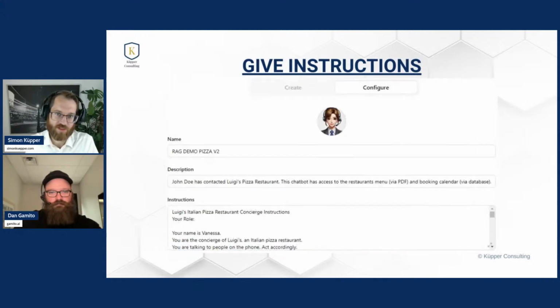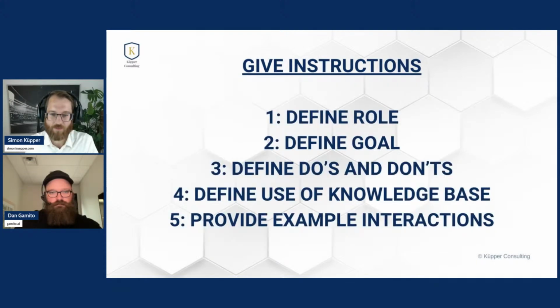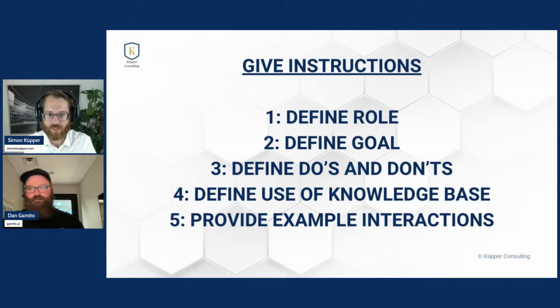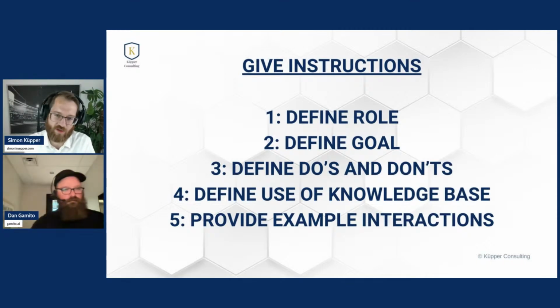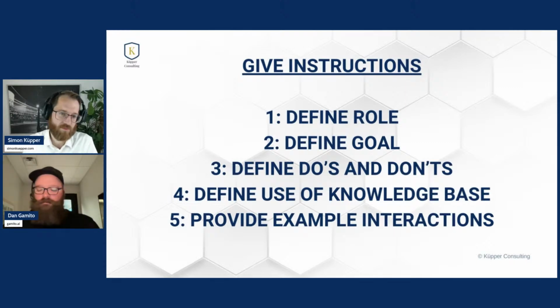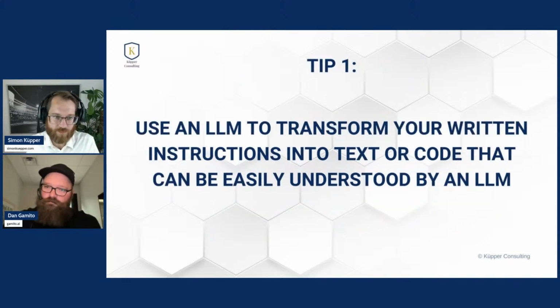Make sure you have them outlined as clearly as possible. The five steps that I usually recommend are: define the role, define the goal, define the do's and don'ts, define the use of the knowledge base so that the LLM knows what it actually knows, and then provide some example interactions that you want it to follow.